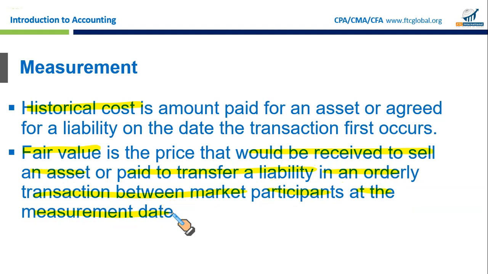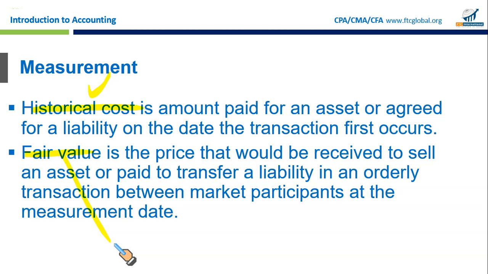So these two methods, historical cost and fair value, serve different purposes and are used based on the relevance and reliability of the information they provide. Historical cost is praised for its reliability and simplicity. It's verifiable. Whereas fair value offers greater relevance because it is more current. It is suitable for more dynamic environments.